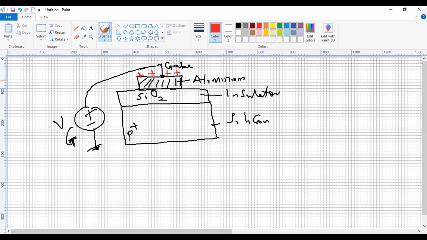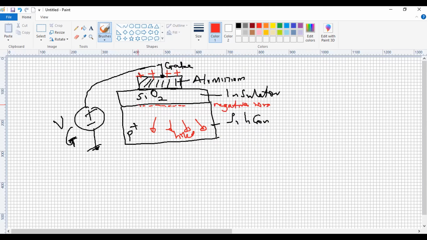So what this does is this positive will induce a small negative on the side. Another way to think about it is that the holes are repelled. So I've got holes being repelled and leaving behind negative ions.